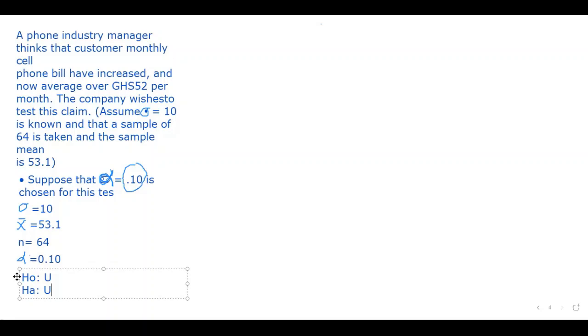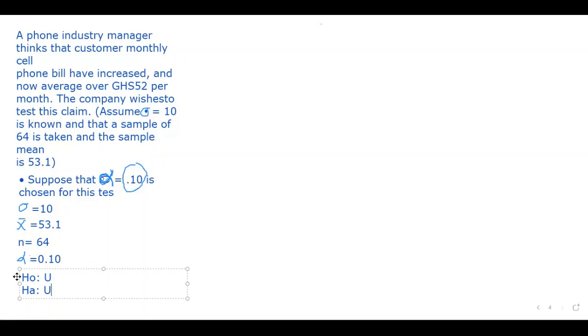Sometimes the alternate hypothesis comes before the null hypothesis. Looking at this question, a phone industry manager thinks that customer monthly cell phone bills have increased. Have increased means greater than. Only greater than falls under the alternate hypothesis.